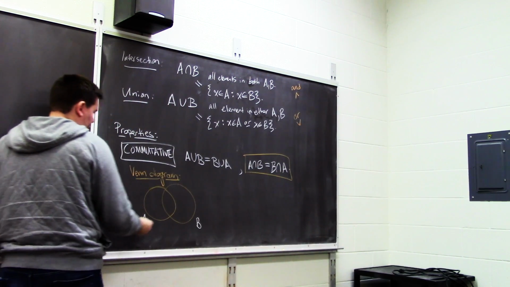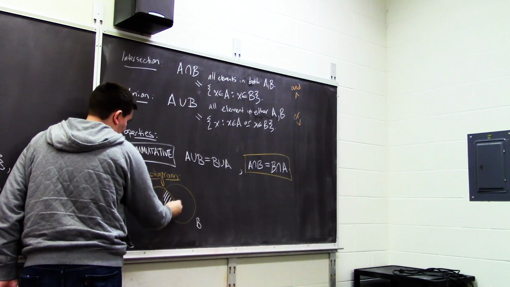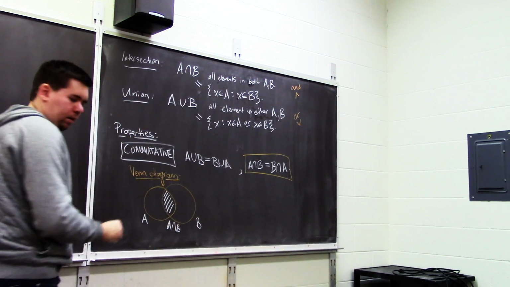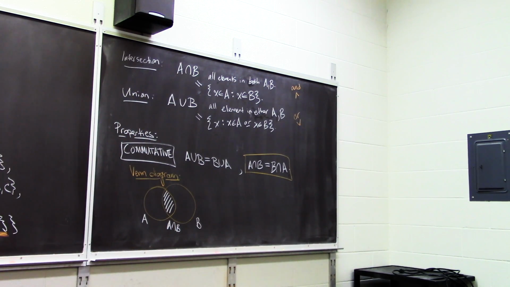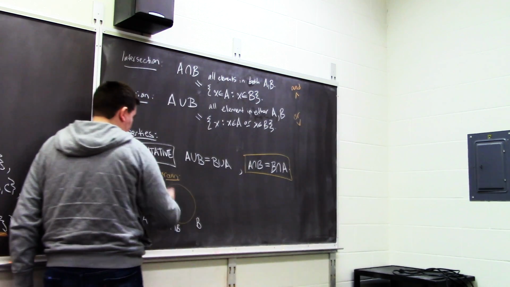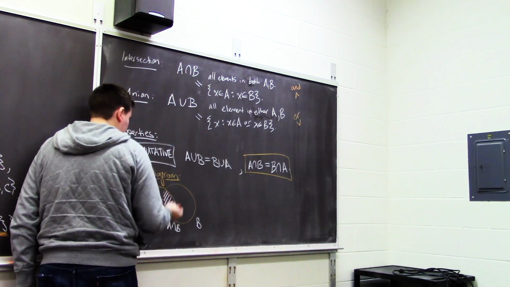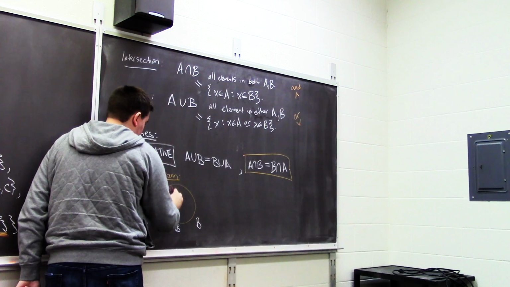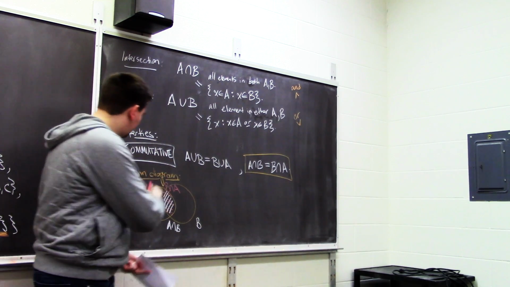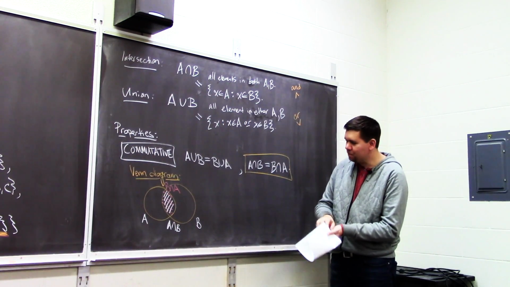Well, A intersect B is all the stuff in A that's also in B. And so right here, I have A intersect B. But then you can come along and ask, what is B intersect A? Well, it's all the stuff in B that's also in A. So it's all of this stuff, so that's B intersect A. And notice it's shaded in the same place, right? We'll see some more sophisticated examples of this in a minute, but this is a very simple example.